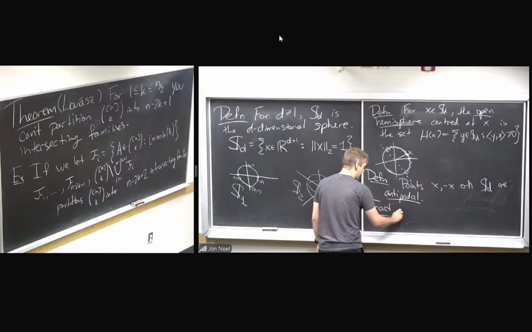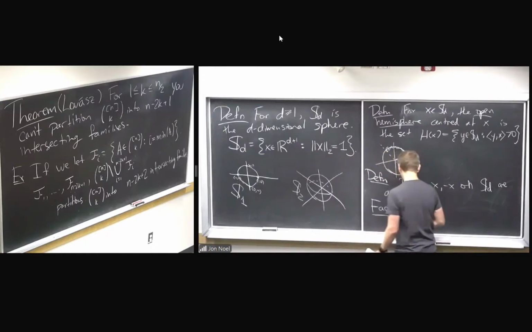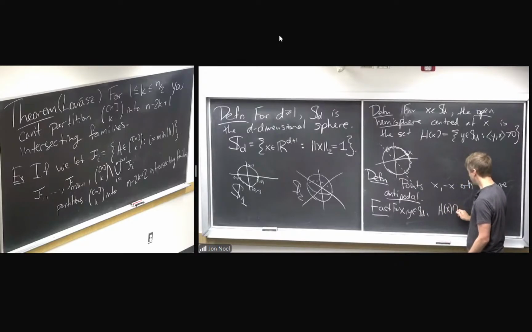If I take x and y in the sphere, and I look at their open hemispheres, the only way they can be disjoint is if x and y are antipodal to each other, right?